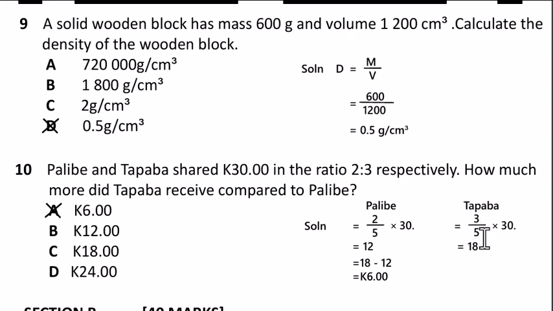So 3 over 5 multiplied by 30, and in this particular case we're going to have 18. So basically, this is the answer to this particular question.